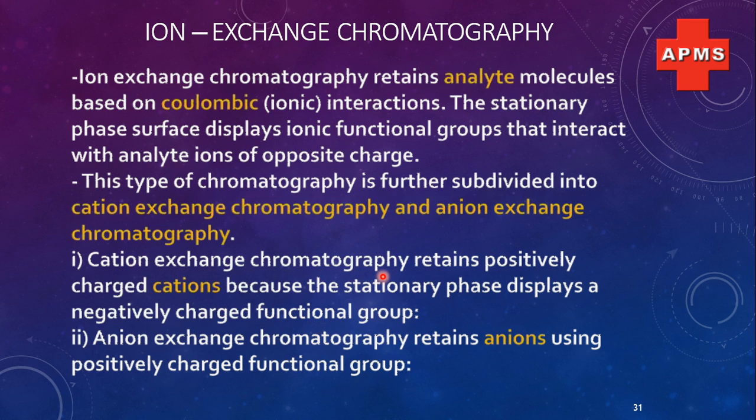So in cation exchange chromatography, the charge on the stationary phase will be negative, and the cations in the mobile phase will be attracted or retained by this stationary phase. And the second is anion exchange chromatography, where these things become opposite, where the stationary phase is cationic and it attracts anions which are present in our sample components.